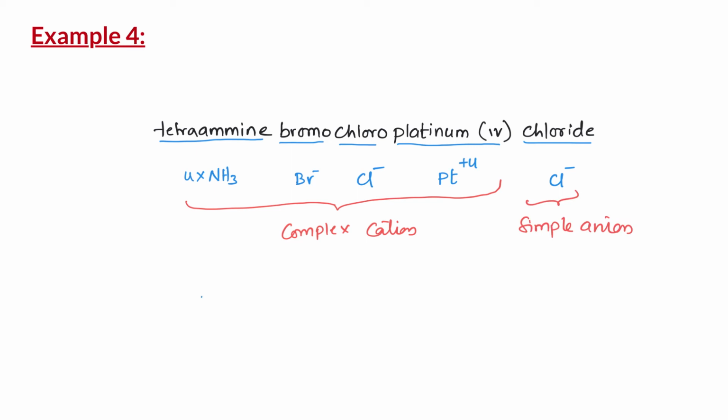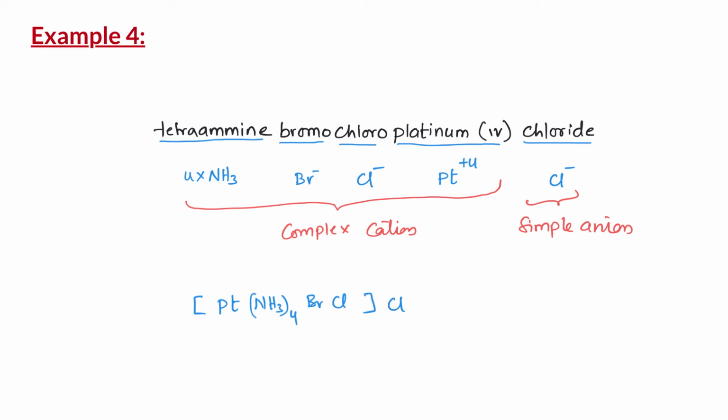So first, let us put the square bracket, followed by 4 ammonias, 1 bromine, 1 chlorine, and then platinum. So we are done with translating the complex cation into the formula. Next, let us translate the anion into the formula. Chloride is Cl minus.